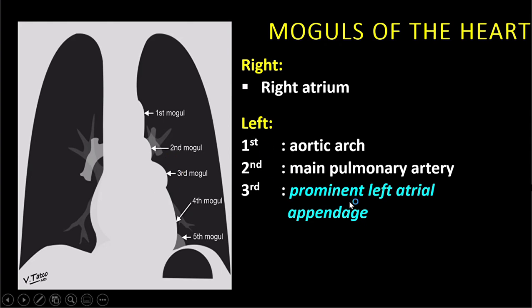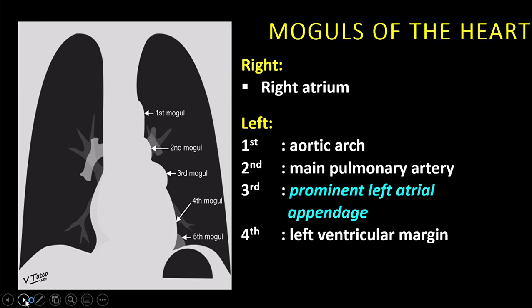So basically, this left atrial appendage becomes prominent. But once you see this prominent left atrial appendage, that means there's a pathology. Normally, you do not see this mogul.